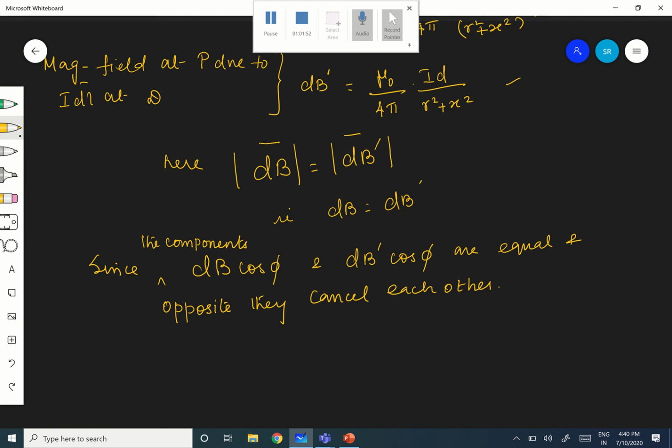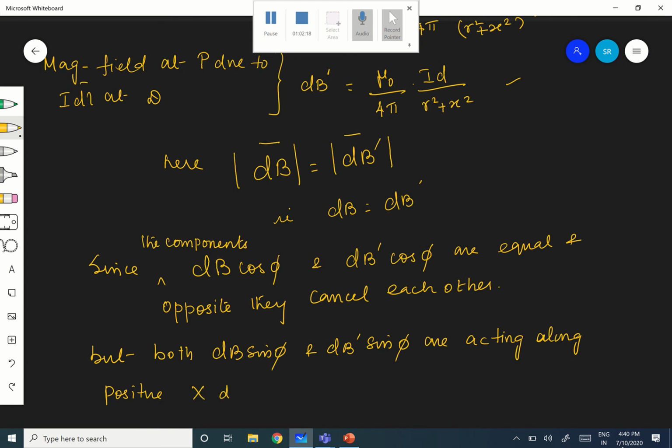Therefore dB sin phi and dB dash sin phi are both acting along the positive x direction. Correct? Along positive x direction. Okay, so they will sum up.